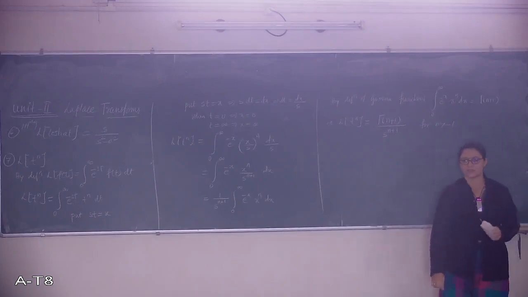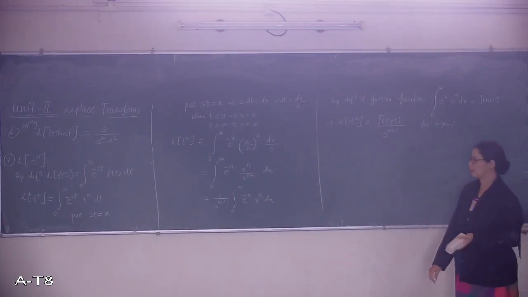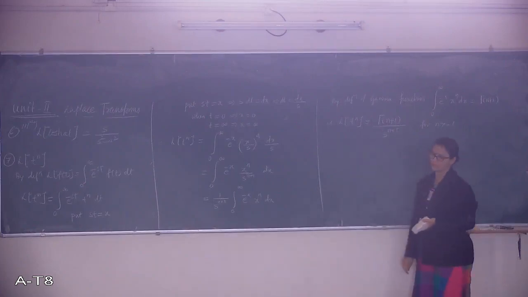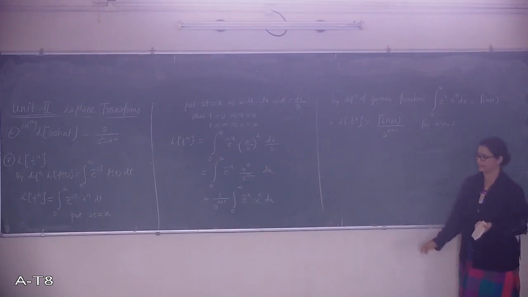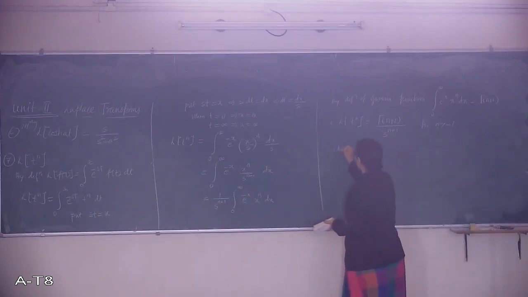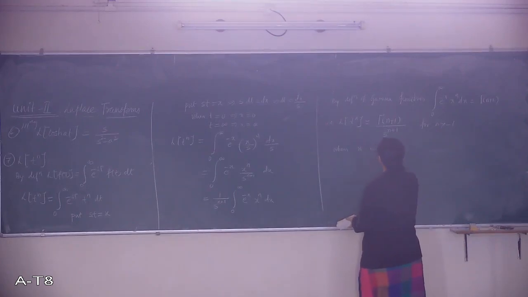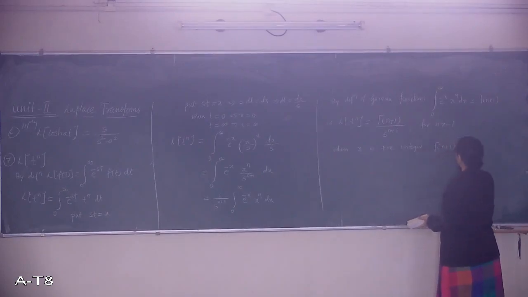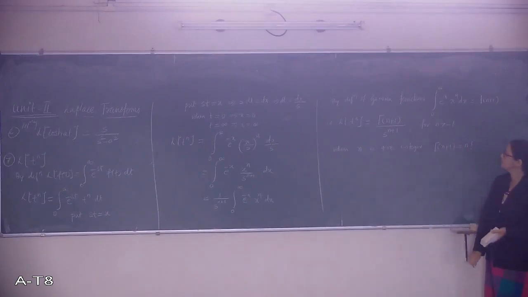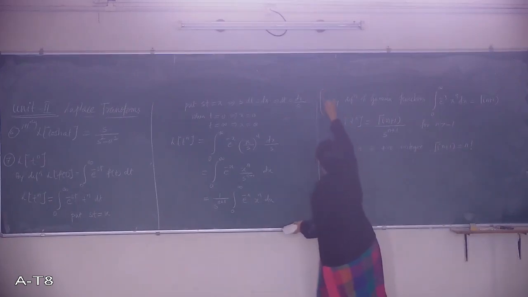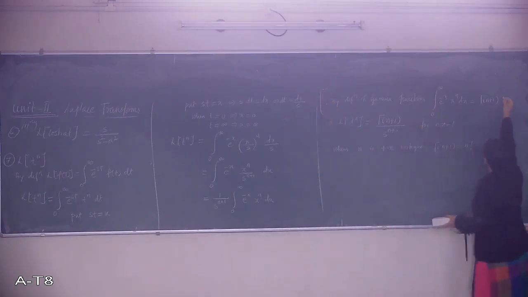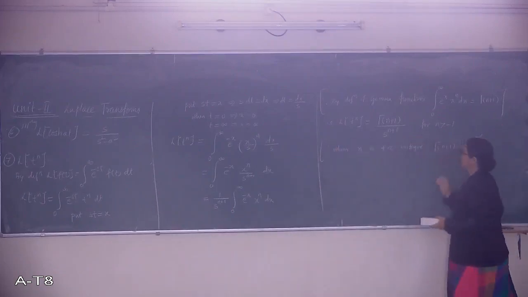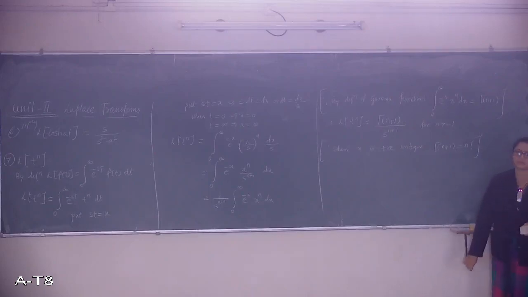Now suppose n is a positive integer. In that case, gamma of n plus 1 is equal to n factorial.